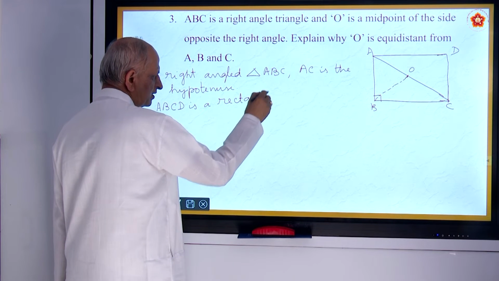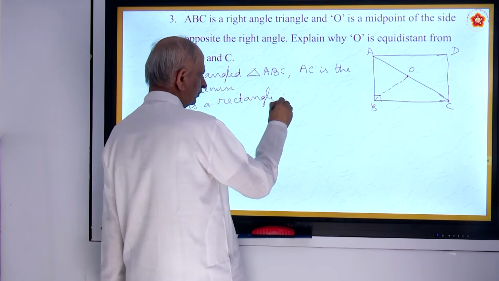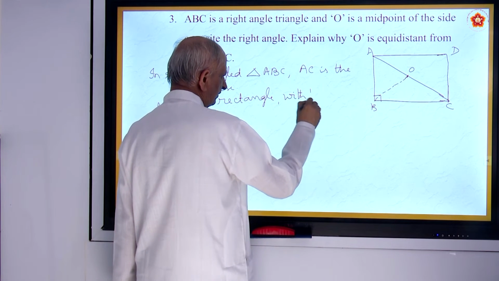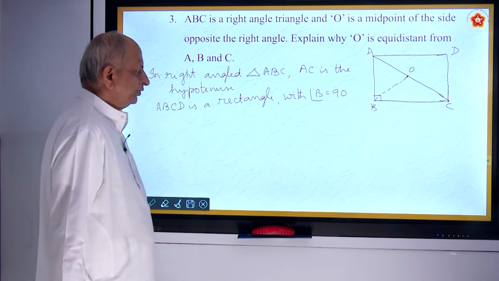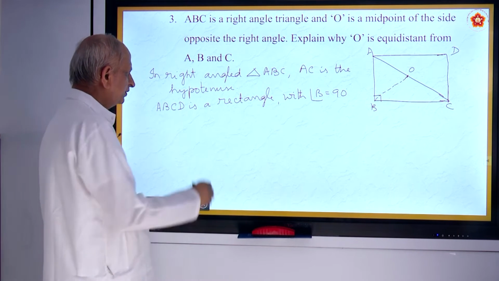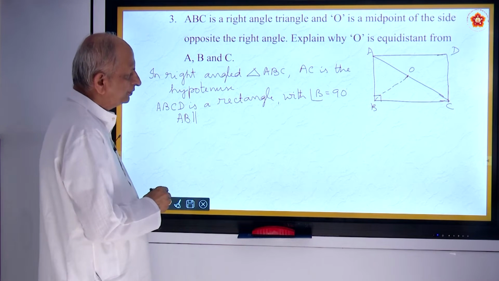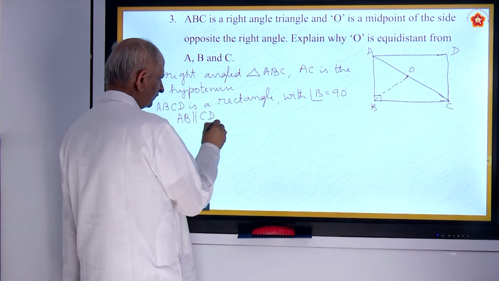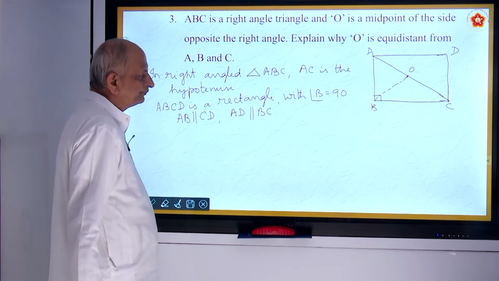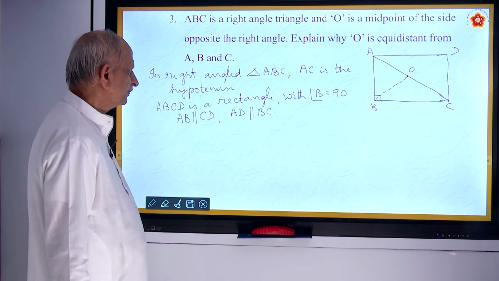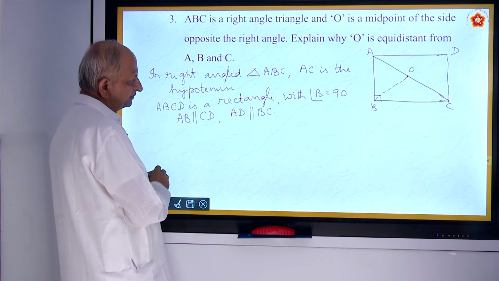Why rectangle? Because angle B is 90 degrees. So when you say rectangle, AB will be parallel to CD and AD will be parallel to BC, correct? So, equal and parallel, and therefore what happens?